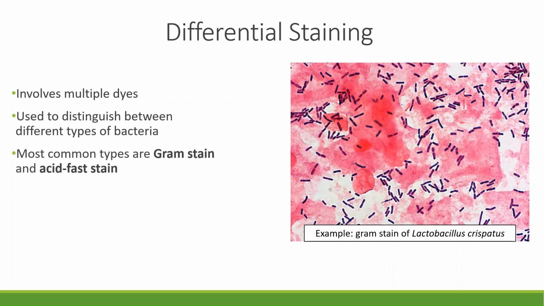The most common of which are Gram stains and acid-fast stains. In the example image, you can see this is a Gram stain of Lactobacillus crispatus. And it's purple, so it is what we call a Gram-positive stain, which we'll discuss on the next slide.